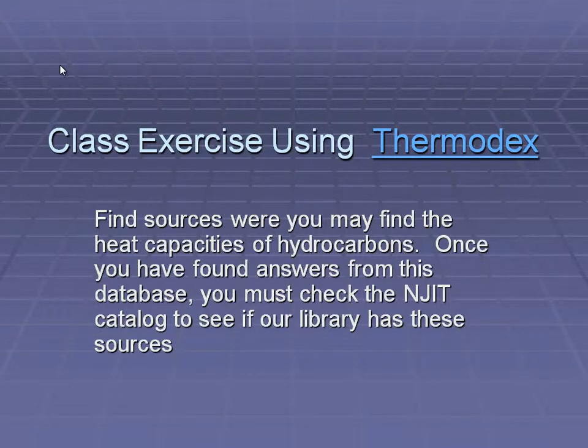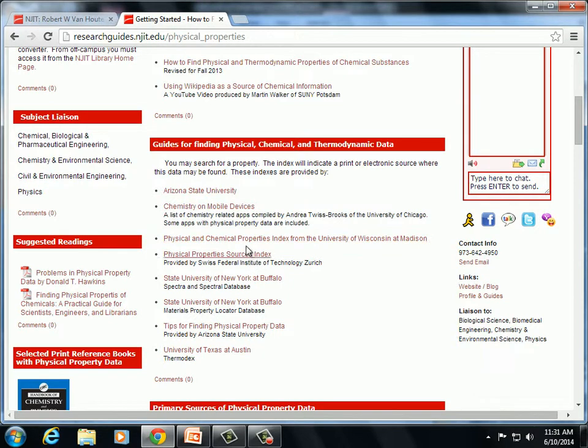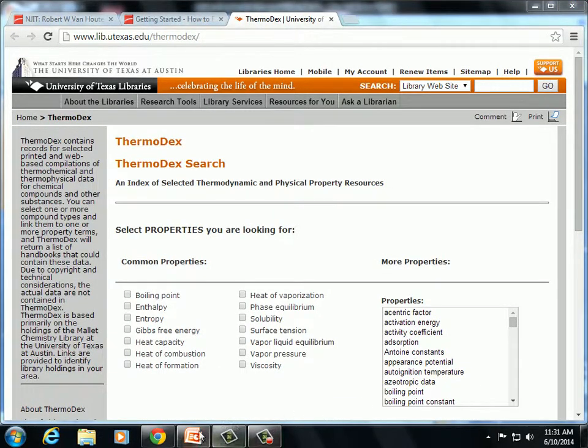So for example, you're looking for heat capacities of hydrocarbons. What we'll do is go to Thermodex, University of Texas at Austin.